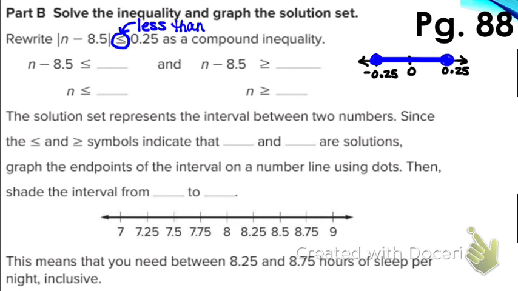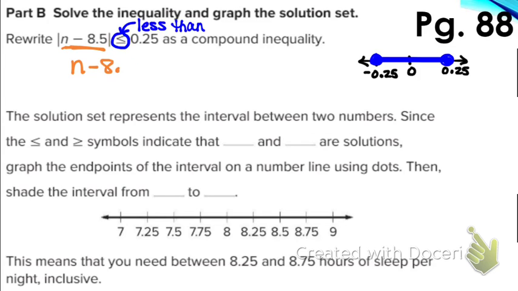So I'm going to change what we're doing here. In the margin, go ahead and write this in the margin. The part that's in between my absolute value, n minus 8.5, that is going to go in between my negative boundary and my positive boundary.